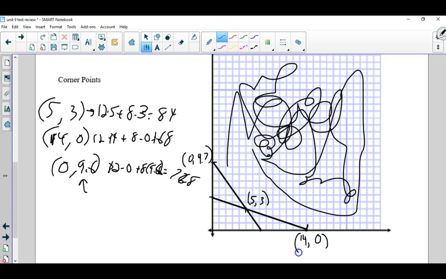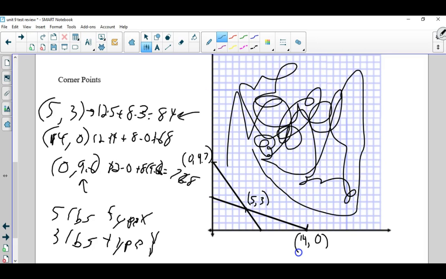If you think about being able to measure it out on a scale. If you think about just wanting to do whole pounds, then your minimum would be right here with 84, where you would say 5 pounds of type X and 3 pounds of type Y. But you could justify 0 and 9.6 also as an answer. And that's it.